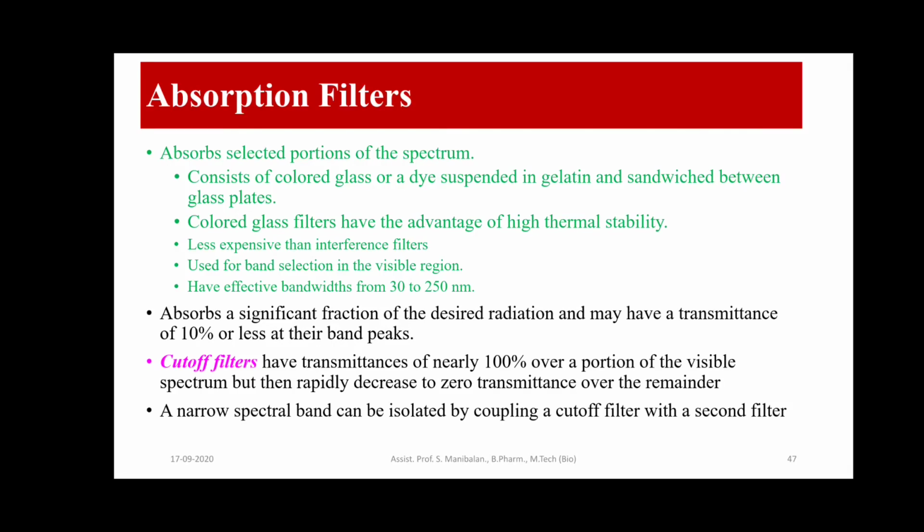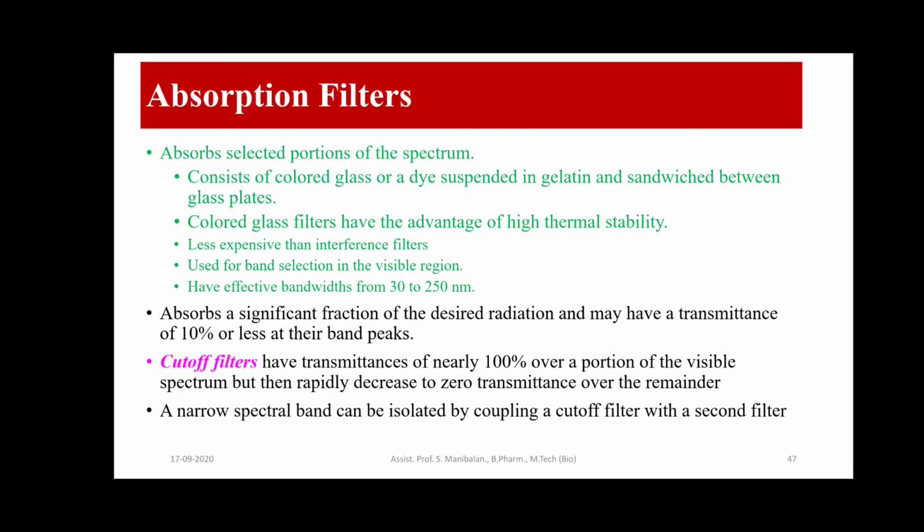Gelatinous plates we are using, which are transparent. So you can use gelatin with any dye to produce absorption filters, sandwiched between glass plates. Then colored glass filters have the advantage of high thermal stability compared to the normal one. Also less expensive. I told you this is classical.